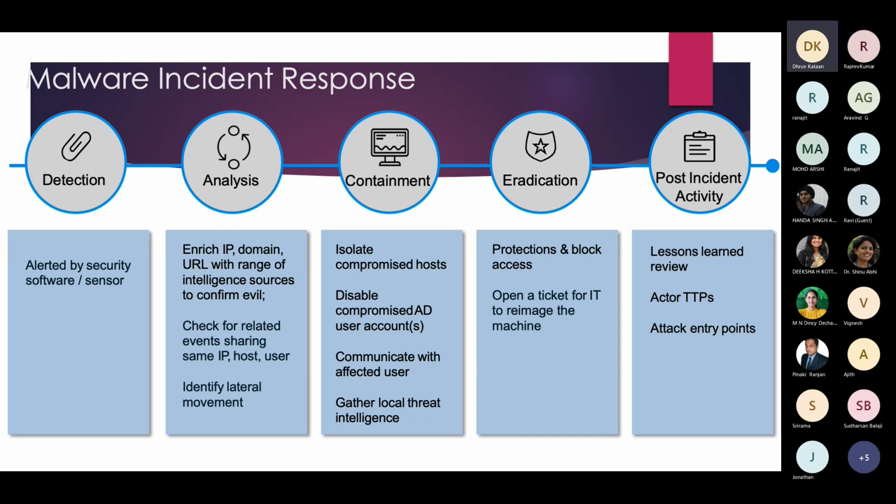Eradication is how you start cleaning out those machines or cleaning out your network. And post incident activity is something like lessons learned, where we take this back to the entire process and look at how we can improve our detection, and what changes we can make so that we can stop this from coming to containment and eradication in the first place.